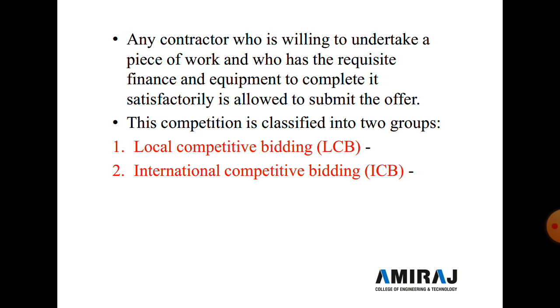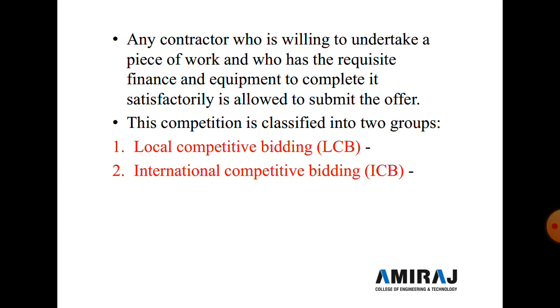And the competition is classified into two groups. First one is LCB and second is ICB. LCB is local competitive bidding. So what is local competitive bidding? When the submission of the tender is restricted to Indian companies only, it is called LCB, local companies.